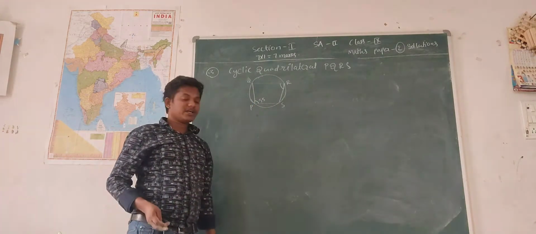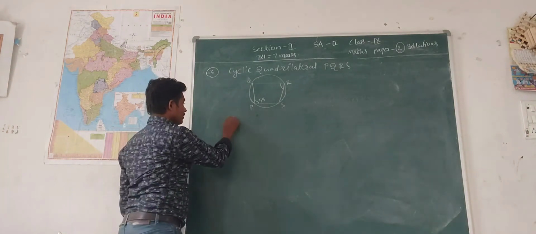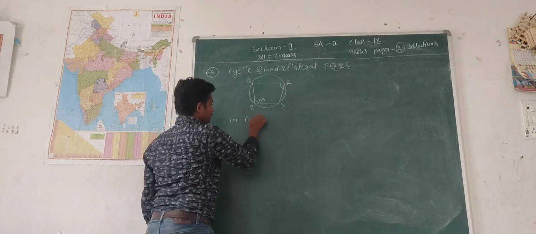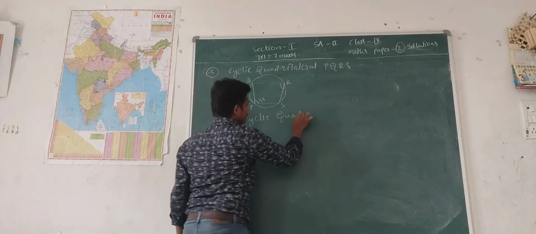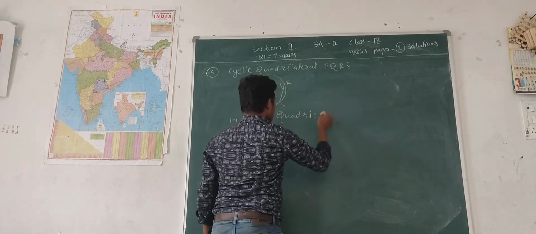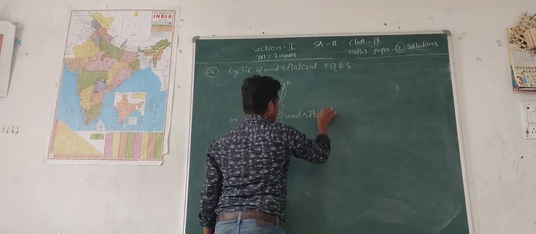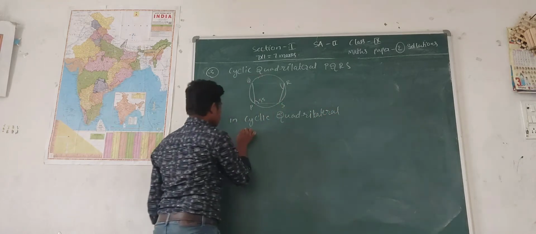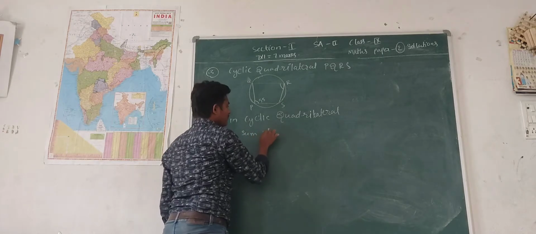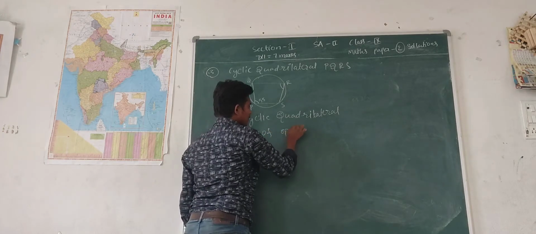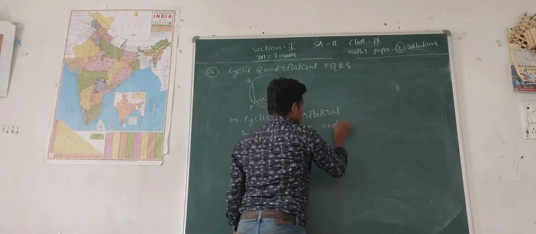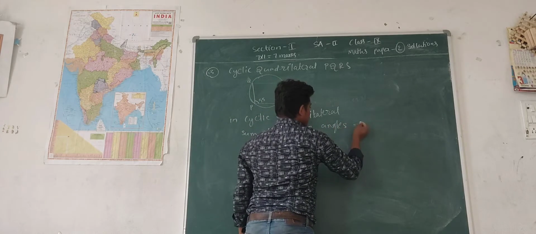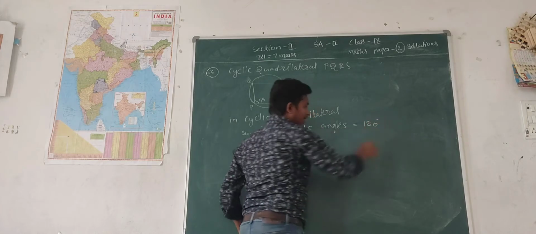Here one condition we have: in cyclic quadrilateral, sum of opposite angles is equal to 180 degree, okay.